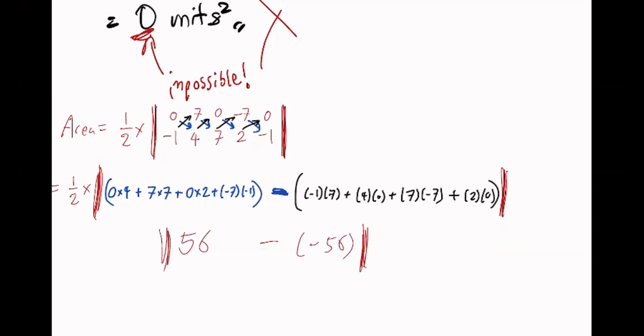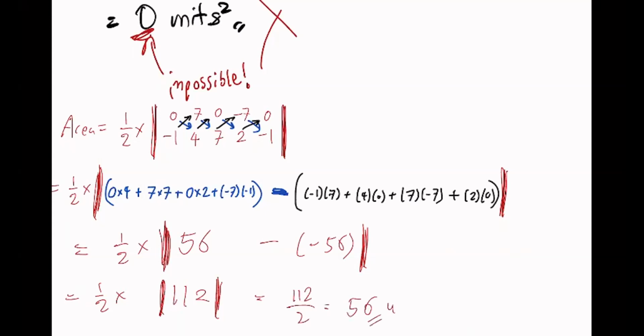Okay. Then half times 56 minus 56 is 112, modulus. So this will just be 112/2, which is 56 unit square. This method is guaranteed to work if you use it correctly, for any polygon.